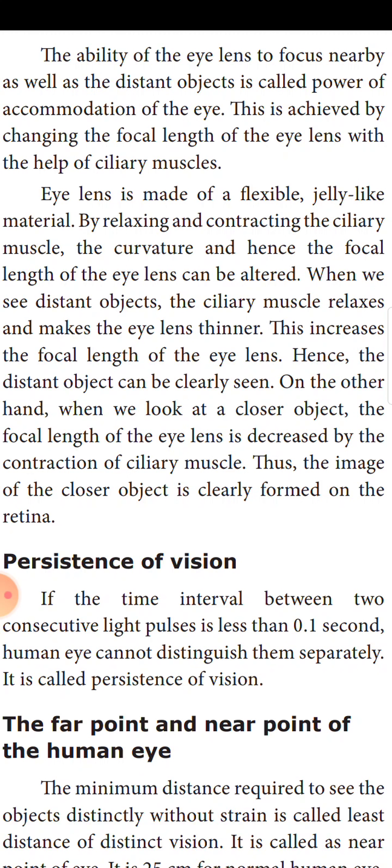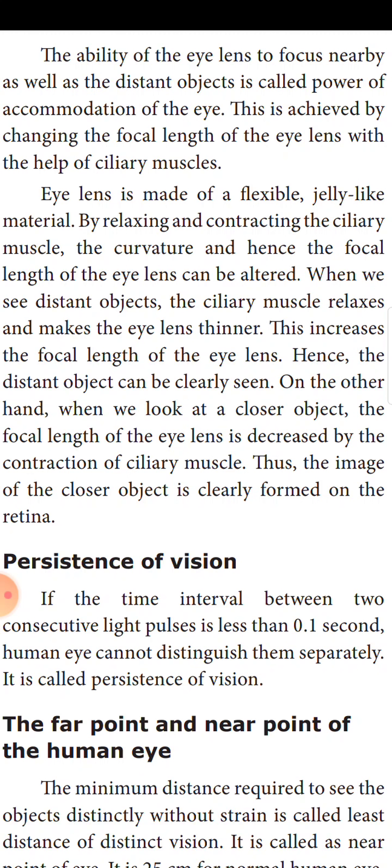So, the ciliary muscle is responsible for contracting and expanding the length of the eye lens. Eye lens is made of flexible jelly-like material. By relaxing and contracting the ciliary muscle, the curvature and hence the focal length of the eye lens can be altered.